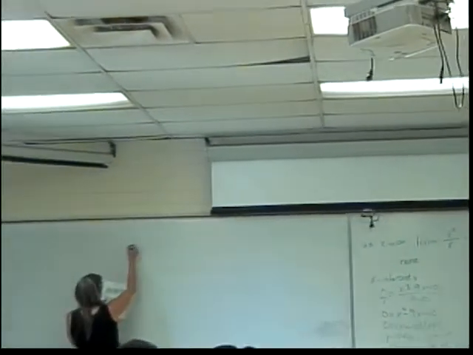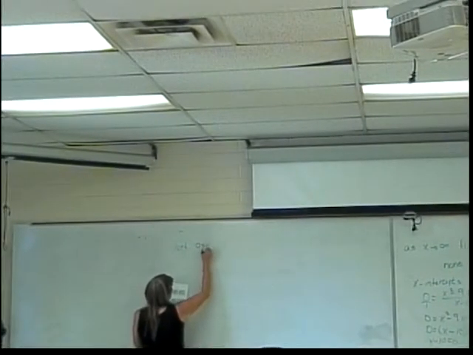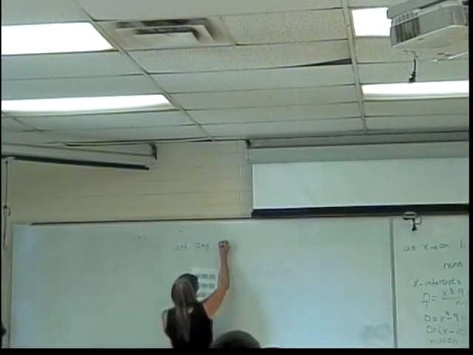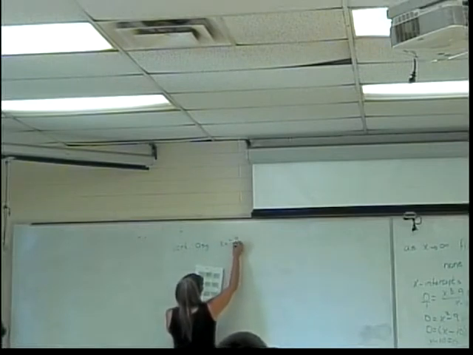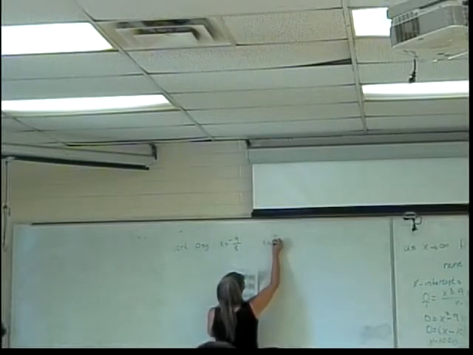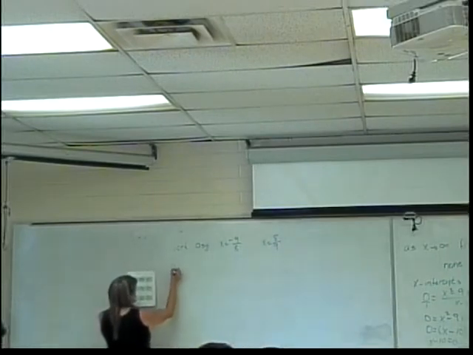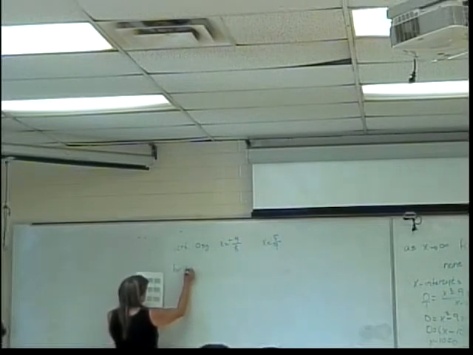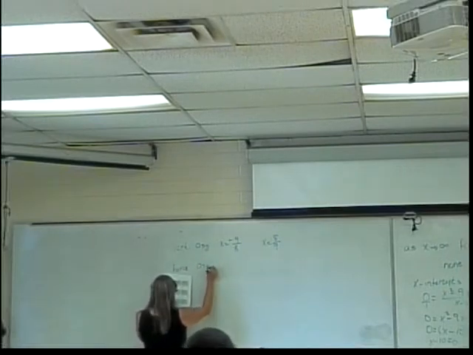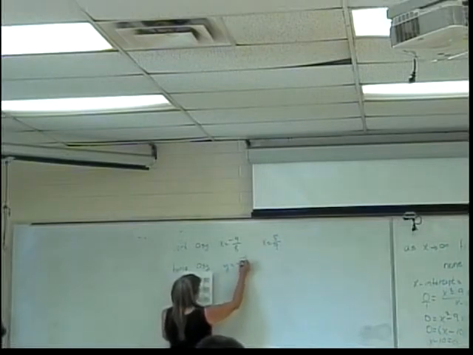It has vertical asymptotes at x equals negative 9 over 8 and x equals 8 over 9. And it has a horizontal asymptote at y equals negative 2 over 72.